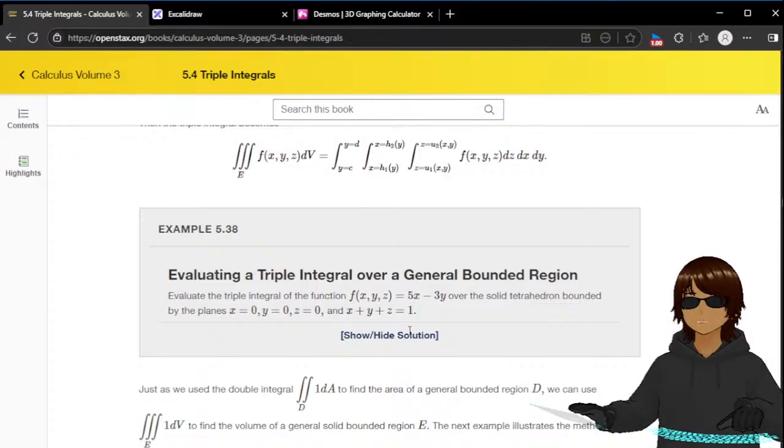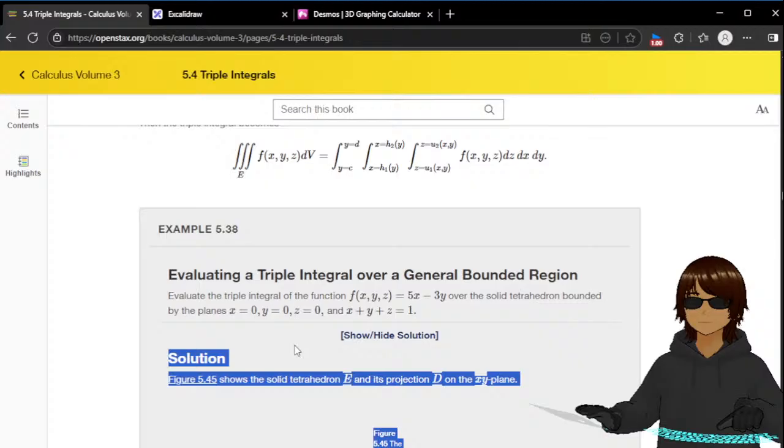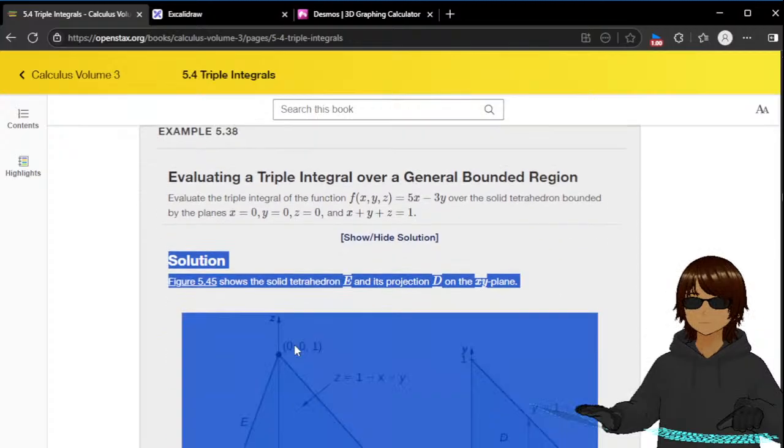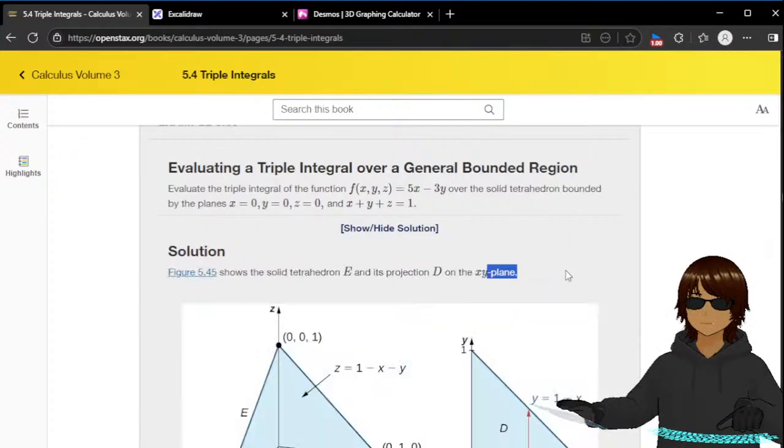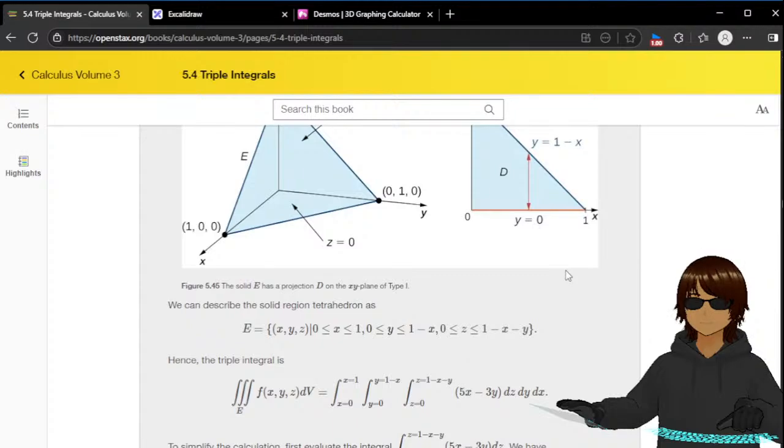But there is no z here, so what happens then? From 0 to 1 minus x minus y.